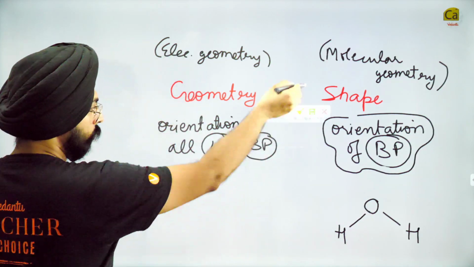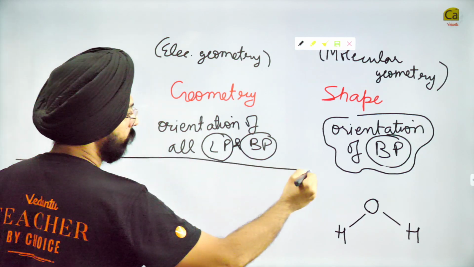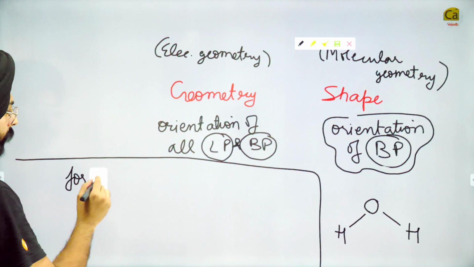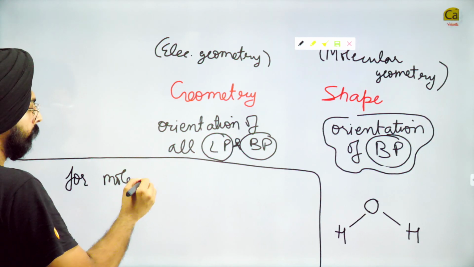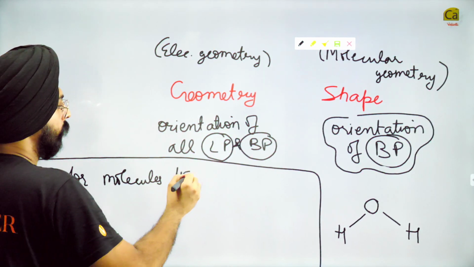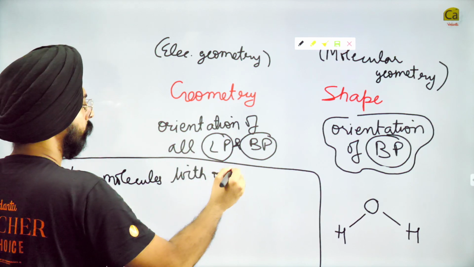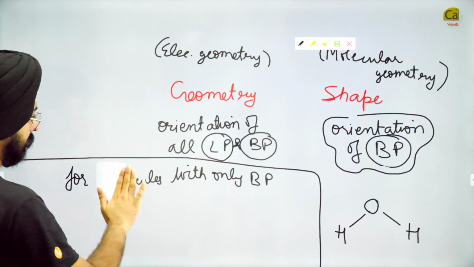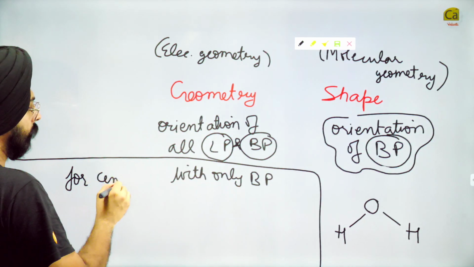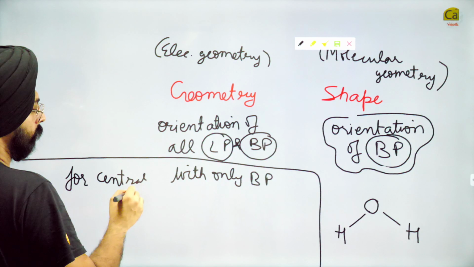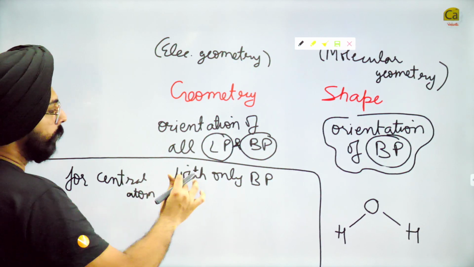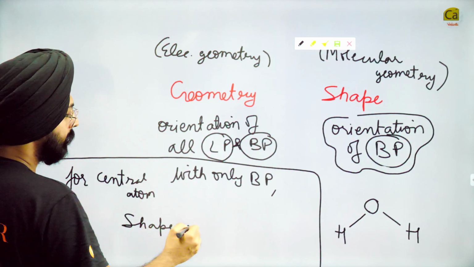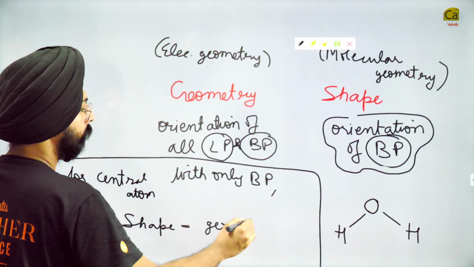Yeah. So the idea is, for molecules with only bond pairs, or we are not talking about the molecule overall, let's say for the central atom, the central atom which has only bond pairs, shape is equal to geometry.